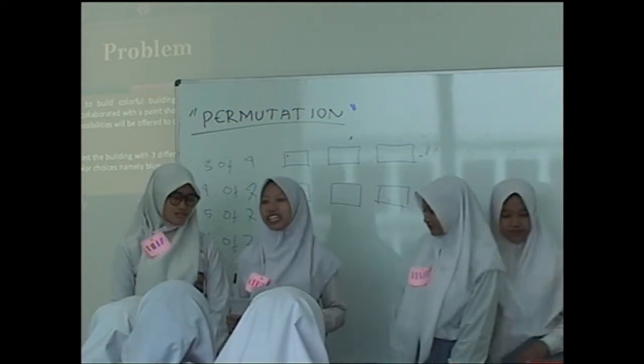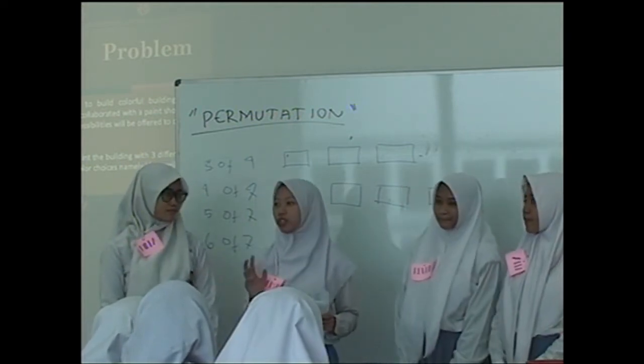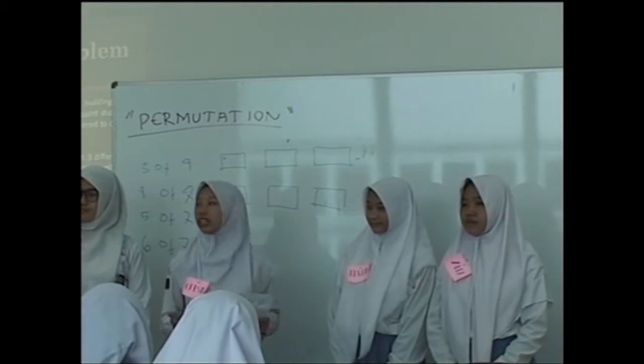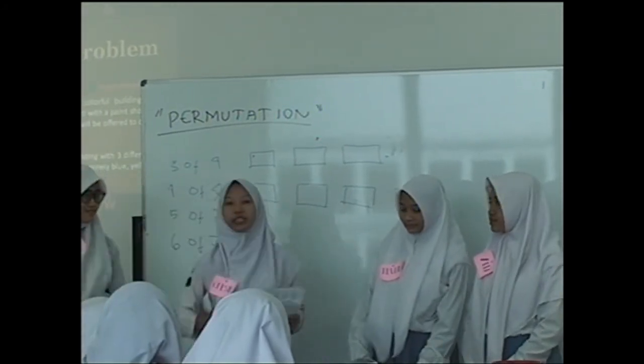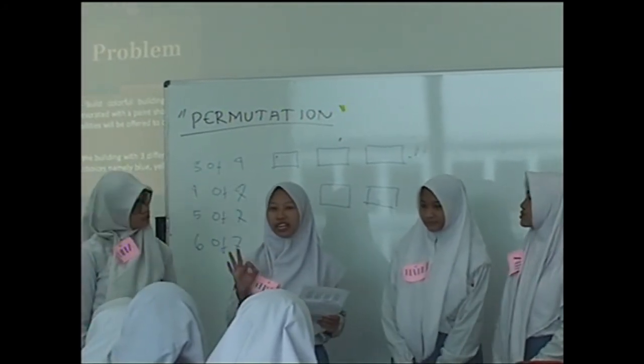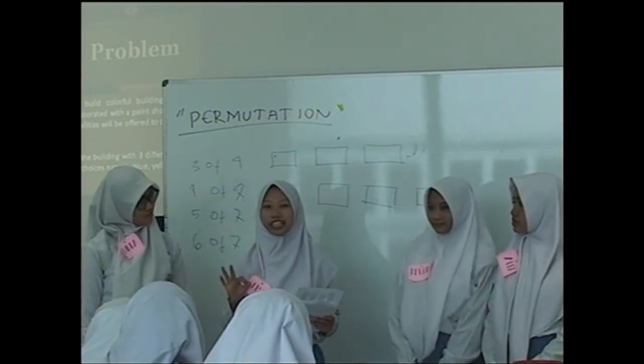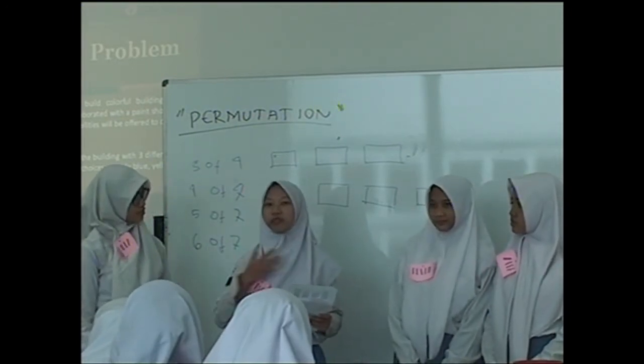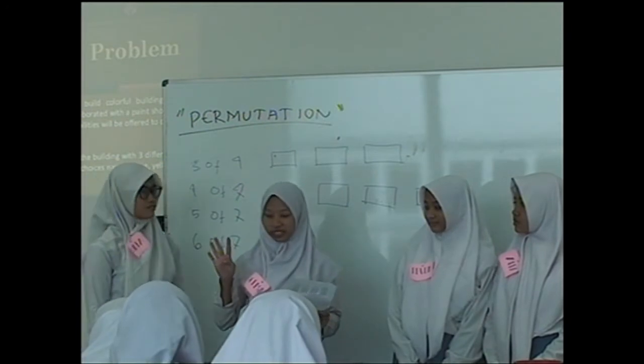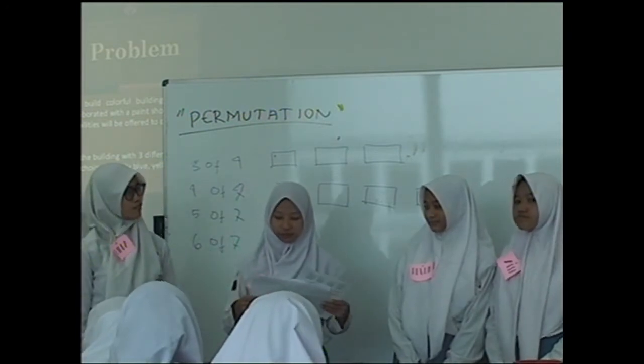Okay, first, in activity 1, we try to solve this problem. We know that the building has three different colors on each floor, and we have 4 different colors. Is it correct? Yes.